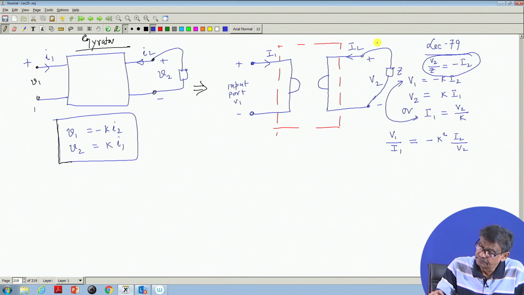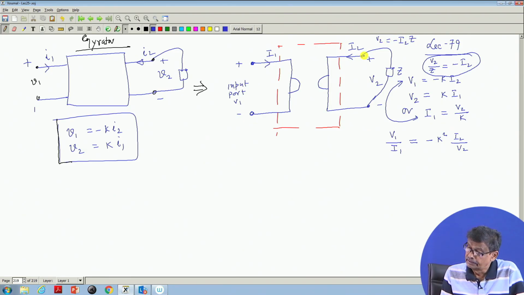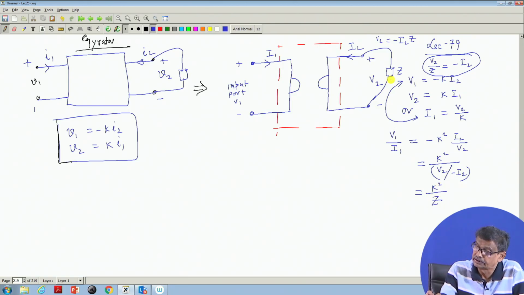I2 is entering, V2 is this voltage plus to minus, so V2 is equal to minus I2 into Z. Therefore, V2 divided by minus I2 is Z, and k square by V2 divided by minus I2 will be equal to k square by Z, whatever impedance you have connected.